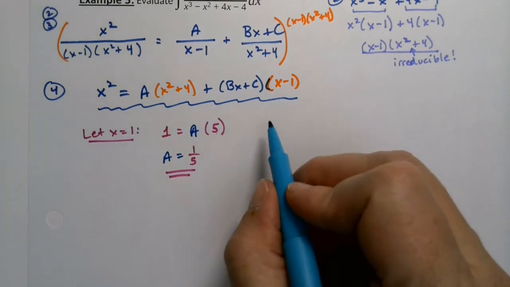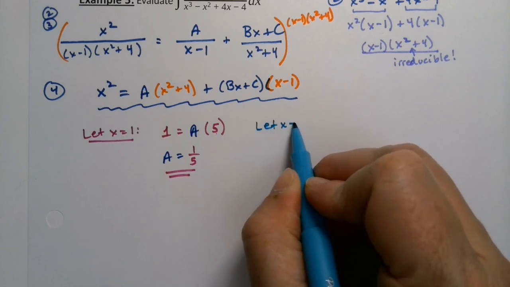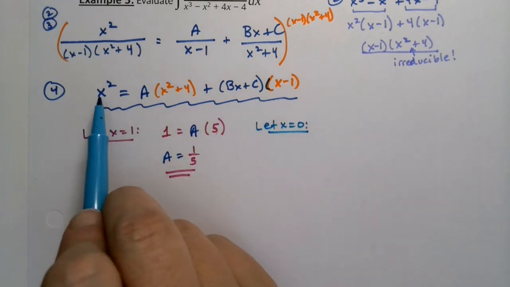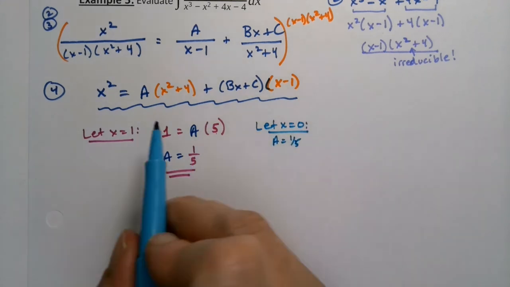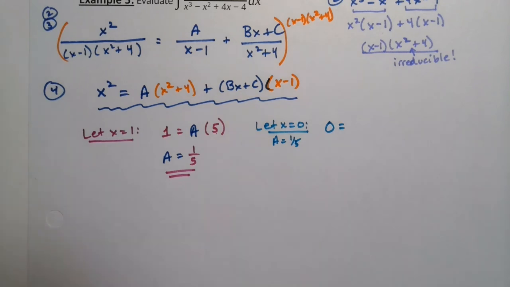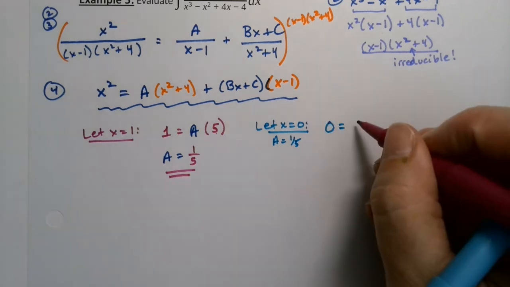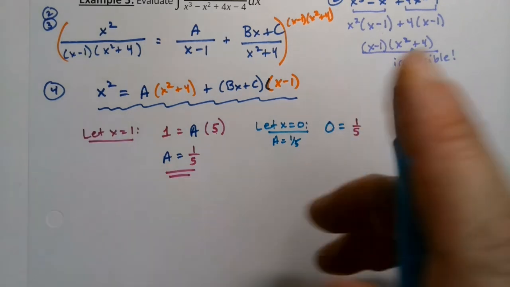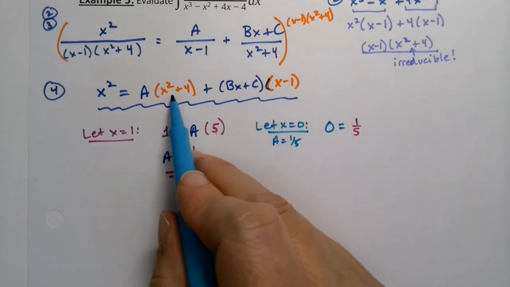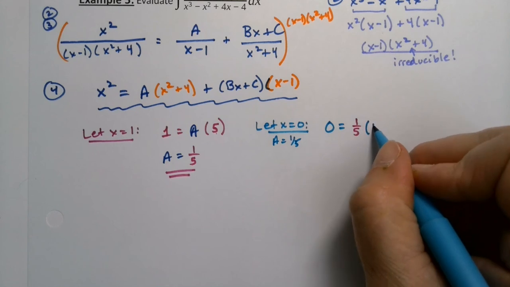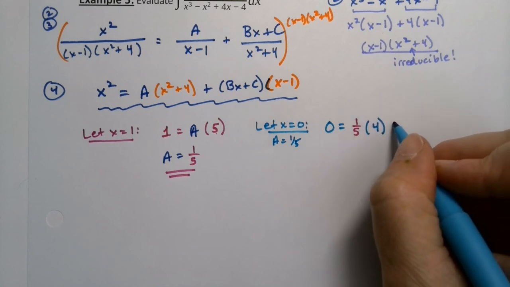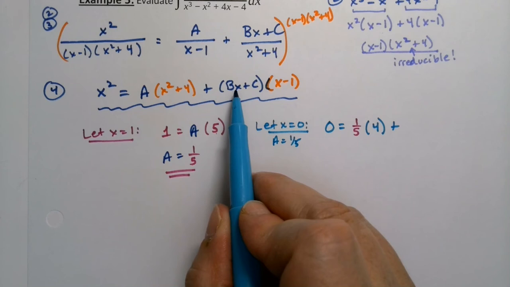That's another option. So let's say x equals 0. If you let x equal 0 and you know that A is 1/5, then you can say, well, 0 equals 1/5 times 0 plus 4. See, that's why we chose 0. 0 plus 4, which is 4. Plus, and then 0 would make the B term go away.